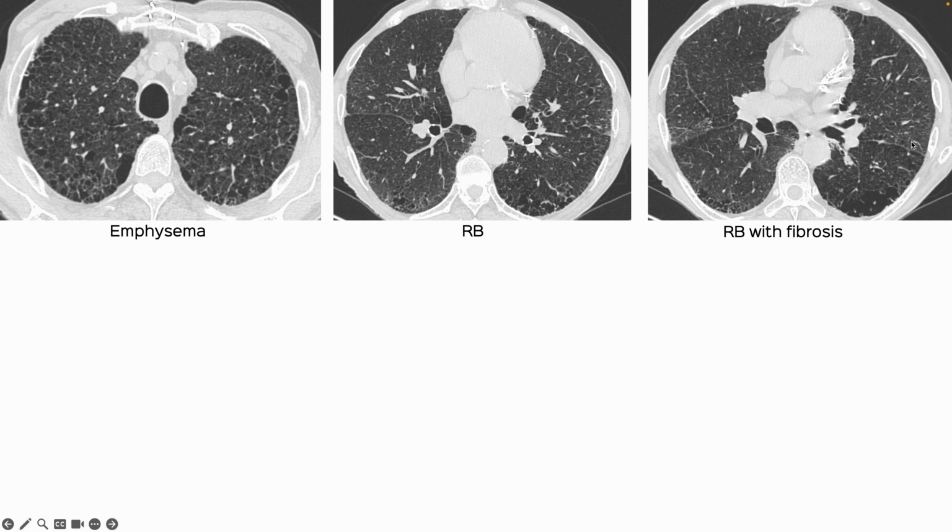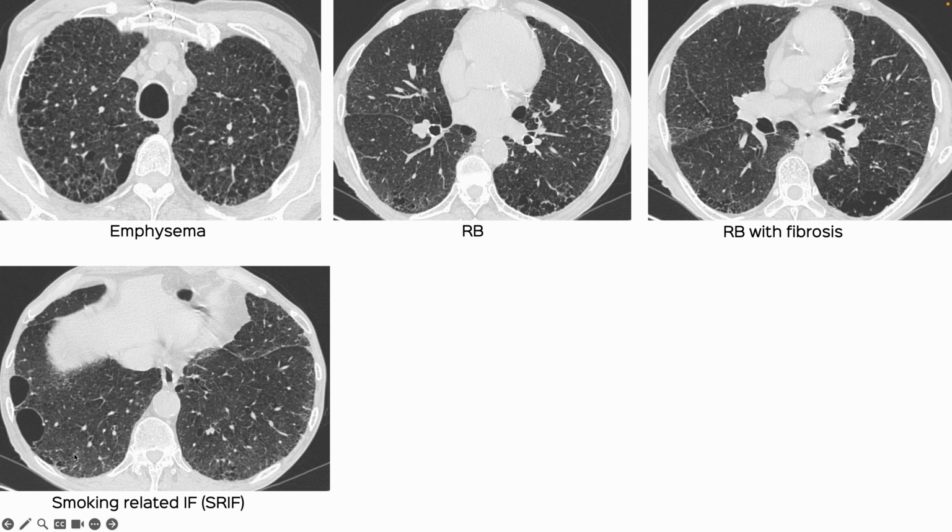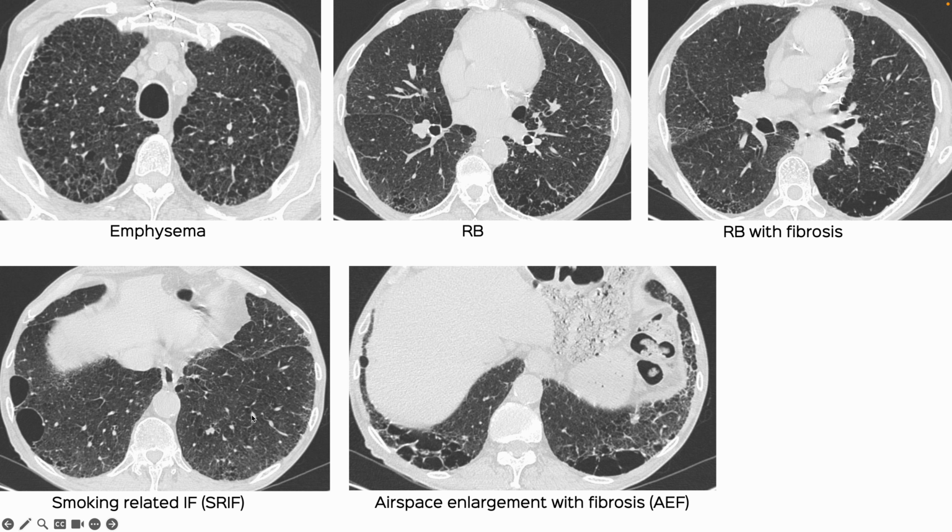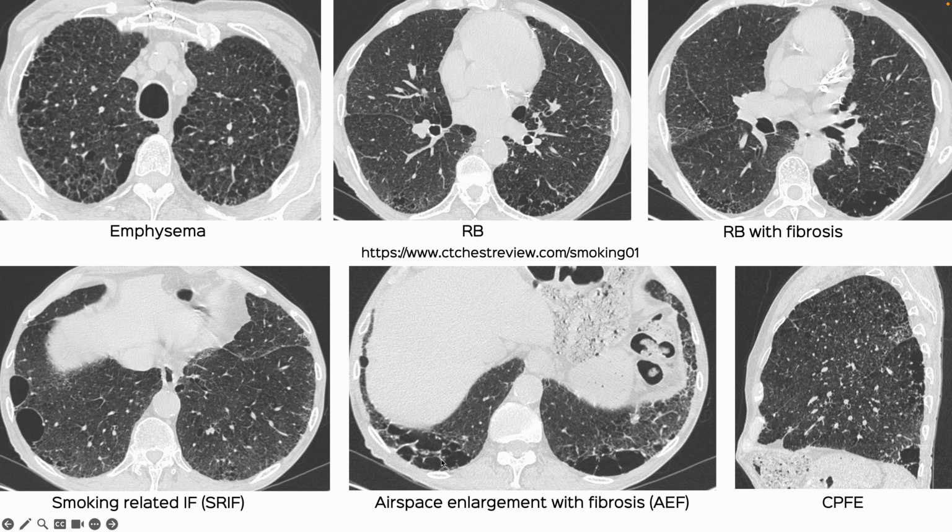There are associated reticular opacities, so it's RB with fibrosis. We have these reticular opacities, which would mean smoking-related interstitial fibrosis. And here we have these large cystic areas with that stalactite, stalagmite appearance, telling us this is airspace enlargement with fibrosis or AEF. And this combination of emphysema with interstitial lung disease is called combined pulmonary fibrosis and emphysema.